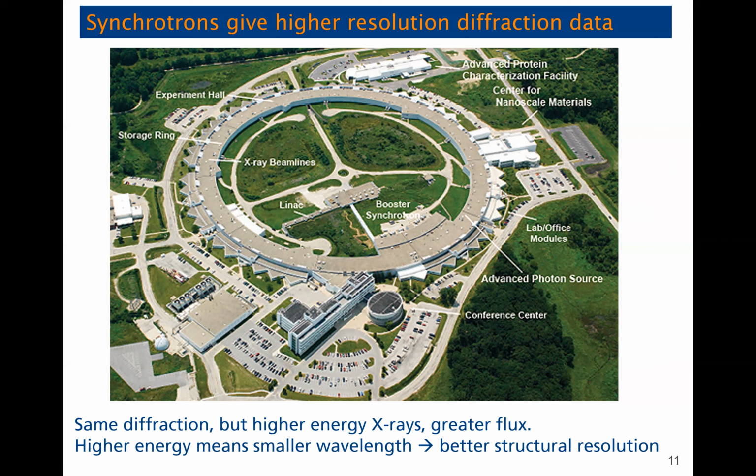Really high energy X-rays are produced, which means our wavelength is smaller. We're using the same principles of Bragg diffraction, but with a smaller wavelength, you can get better structural resolution. And the other thing is they have greater flux, so there's a larger number of X-rays coming in at once. You can do these experiments really quickly.